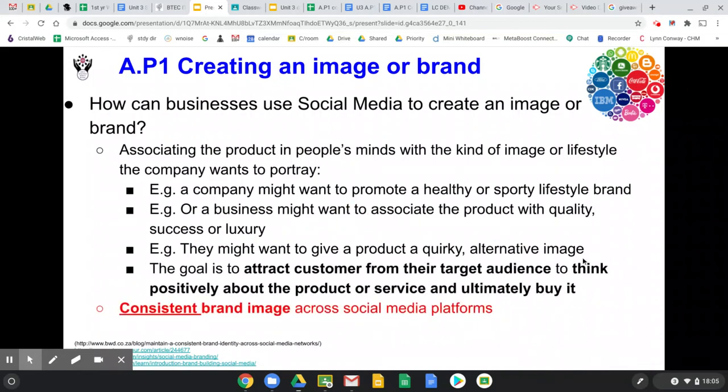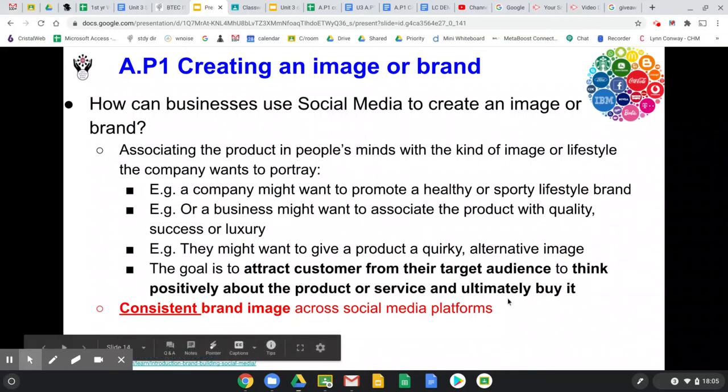You might want to put in a couple of screenshots to show that, not only do their social media look like that, they might have a website which also has the same logo, same color schemes, etc. So you might want to have a couple of screenshots possibly to show that they are doing a consistent image and brand.